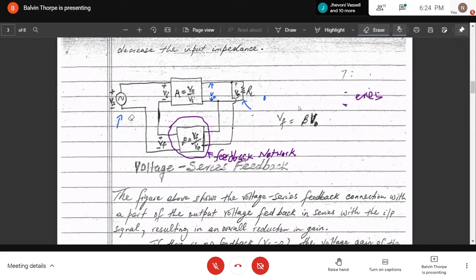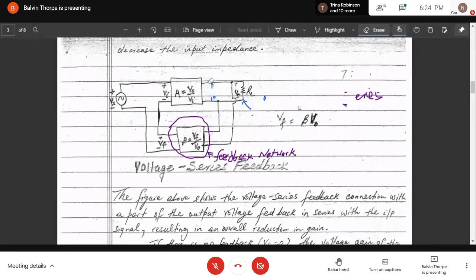All right, look at the circuit, ladies and gentlemen, and let's analyze the circuit. So we have an input voltage to the network.